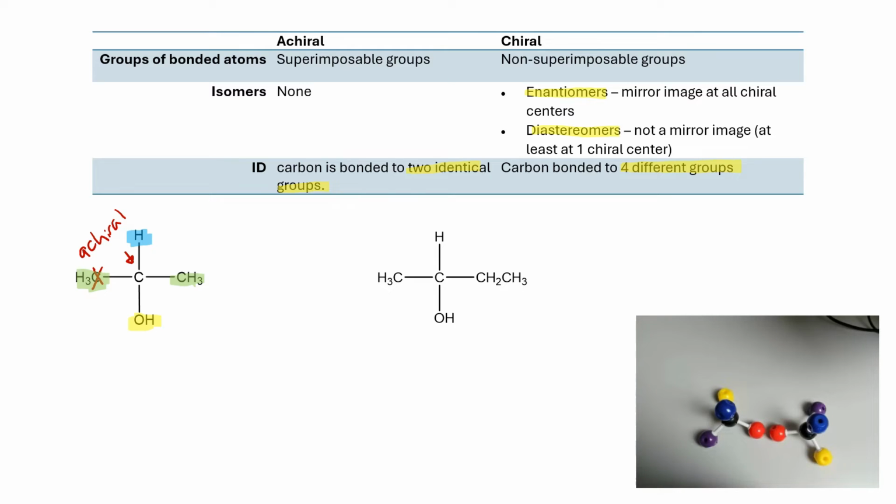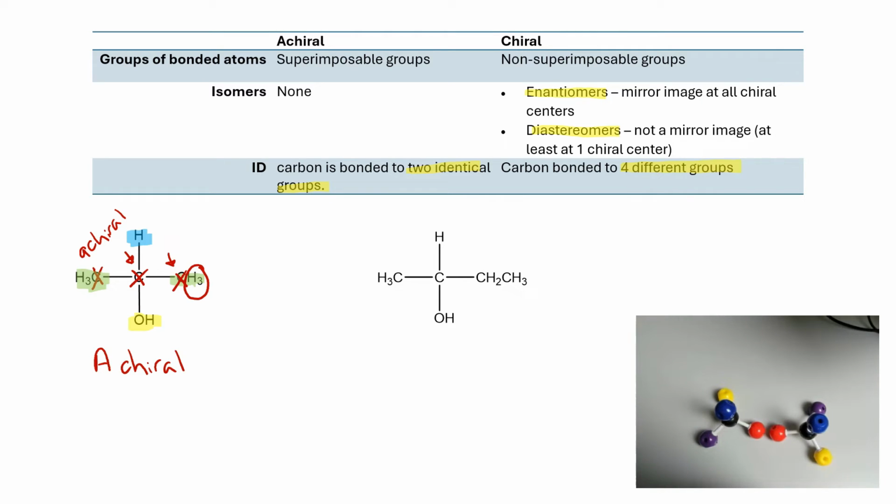Therefore, carbon 2 cannot be chiral because 2 of the groups are methyl. And if we look at carbon 3, it's the same. It's a methyl group, so 3 of the groups are hydrogens. Therefore, this is also an achiral carbon. With no chiral carbons present, this is an achiral compound.